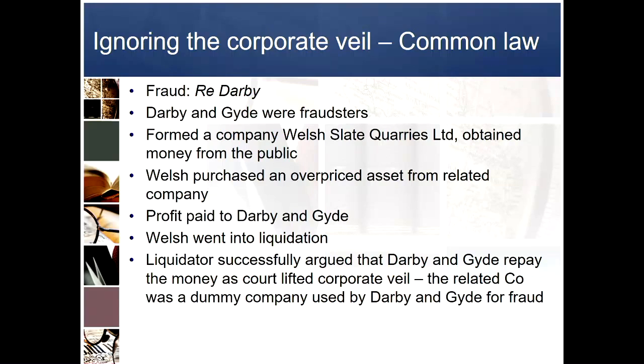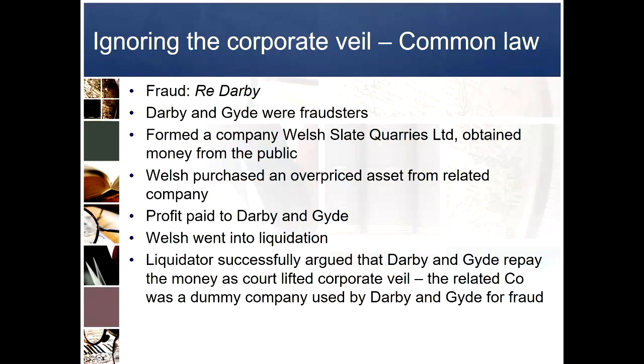They set up this company and they asked for investors. Who did they ask to invest in the company? Just the public at large. So the public are the shareholders in this company. So they had lots of investors who became shareholders of the Welsh Slate Quarry Company.